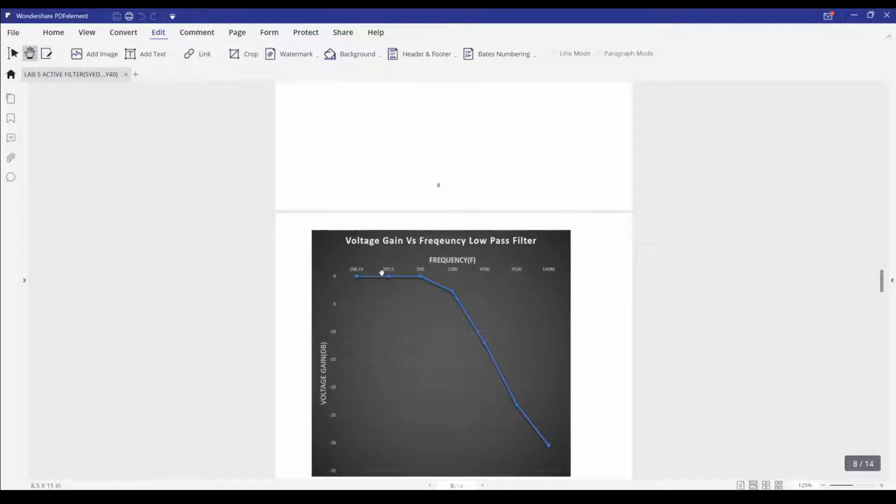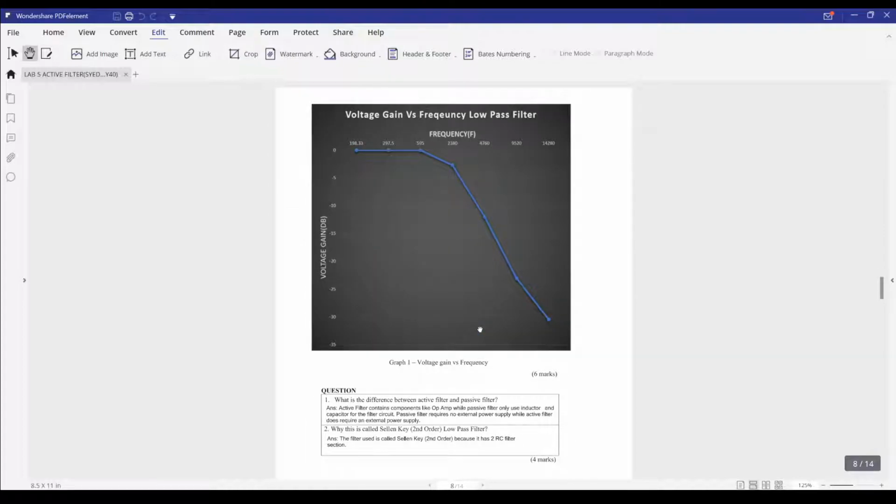As you can see, the graph is stable when the frequency is less than the cutoff frequency. So it means the low frequency is able to gain a stable voltage gain. After the frequency is more than the cutoff frequency, the voltage gain begins to decrease and lose its stability.